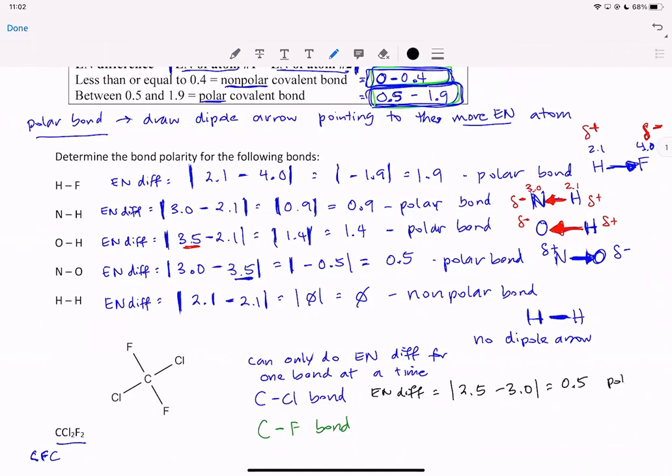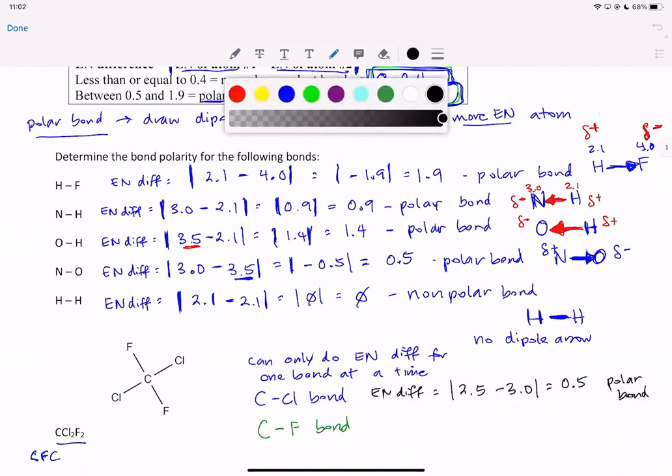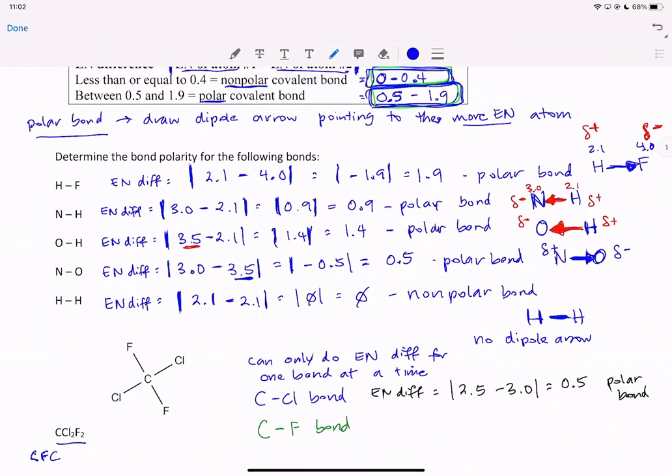That is a polar bond. Okay, so I'm actually going to add the dipole arrows directly on this molecule. So which is the more electronegative? The 3.0 is the higher value, which is the chlorine. So that means the arrow points towards the chlorine, turning that bond into an arrow. Okay, so that means there's partial negative on each of those chlorines.